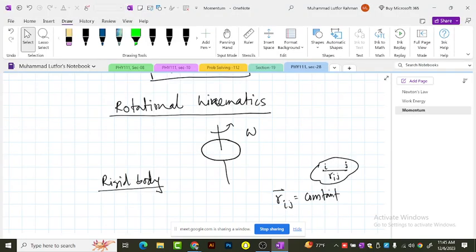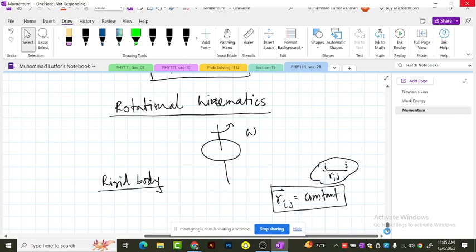constant means that these 2 points are not going to be displaced at all, right? Whatever force you apply, it doesn't change the position of these 2 points, which means the distance between these 2 points is fixed. That is called a rigid body.